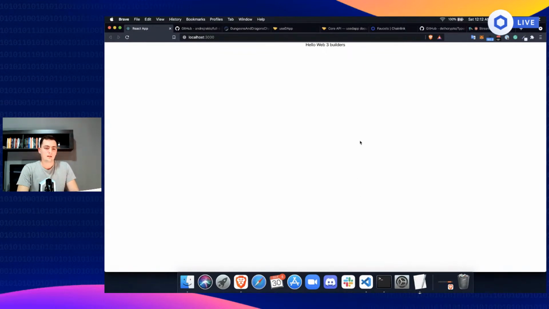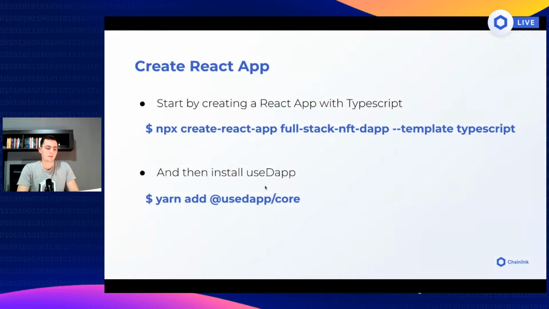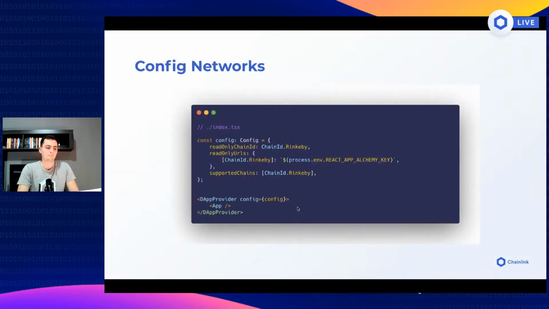First thing, if we go back to our slides, we need to configure networks. So right now, as I said, our smart contract, our NFT, is on the Rinkeby testnet. So the only supported testnet is Rinkeby. If we are not on Rinkeby, we need to handle that situation.